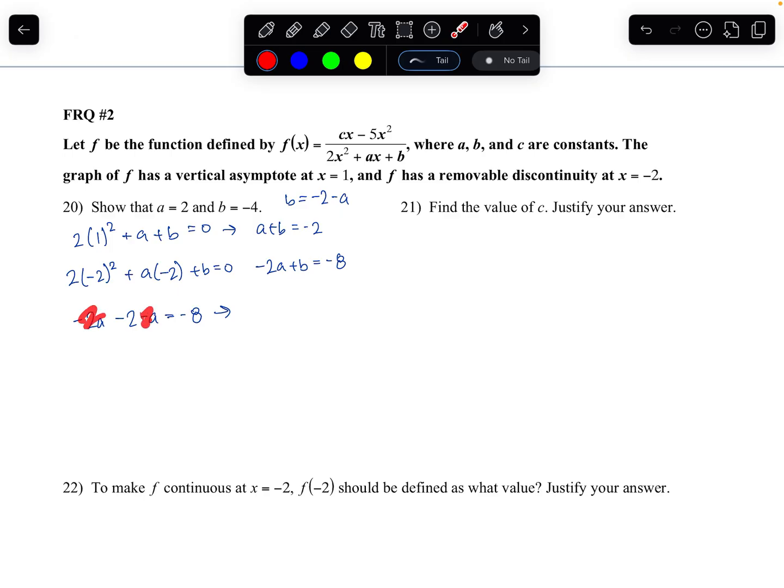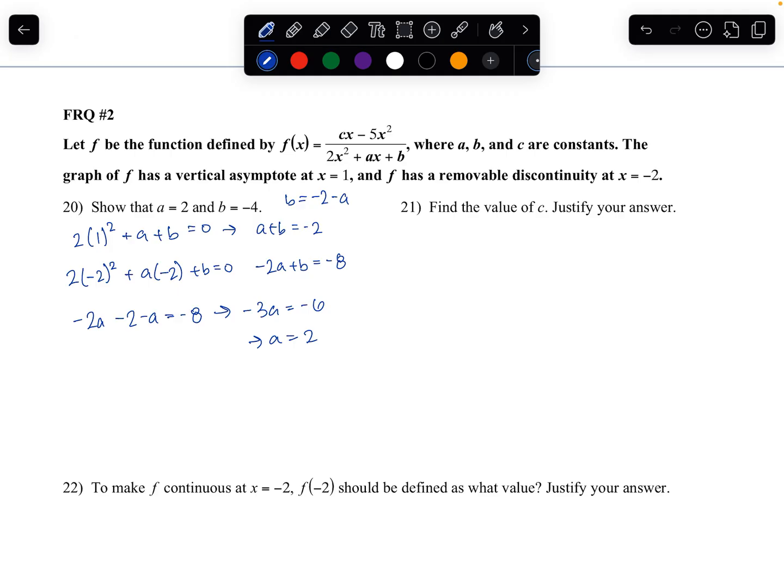These are like terms, so that would become negative 3a, which would be equal to negative 6. When I add 2, I can divide by negative 3, and I would get a is equal to 2. There you go. So a is equal to 2.